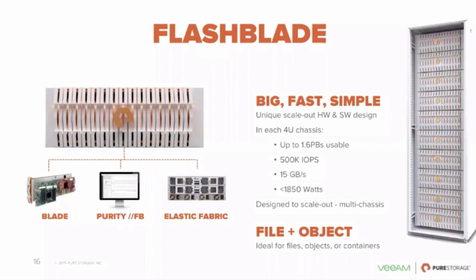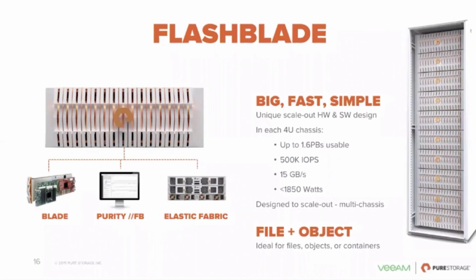So we took this problem on a couple of years ago, and the solution was FlashBlade. FlashBlade, designed from the ground up, is a highly scalable all-flash blade-based storage offering.